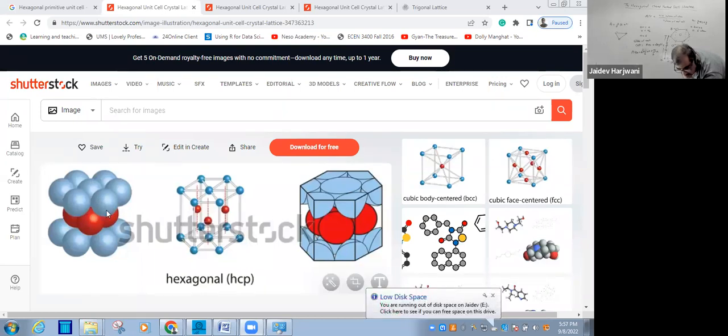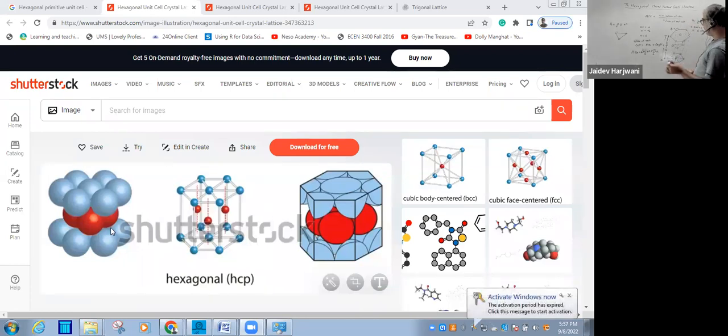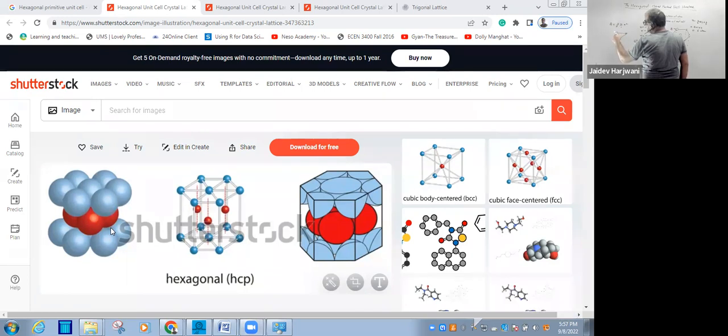So the distance between this red atom and this top middle blue atom is how much? A. Because this atom is touching these three atoms. So if I want to calculate this distance, it is c/2.